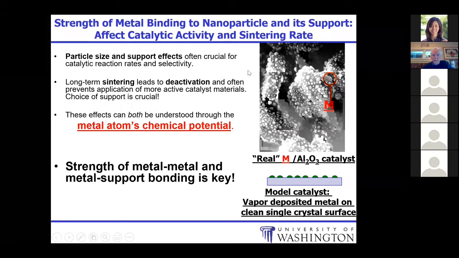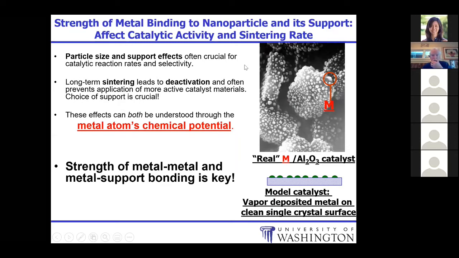And so in both aqueous phase and electrocatalysis and gas phase catalysis, the late transition metals are usually in the form of nanoparticles on some support material. The support tends to be carbon in electrocatalysis, but it can often be oxides in the other kinds of catalysis.